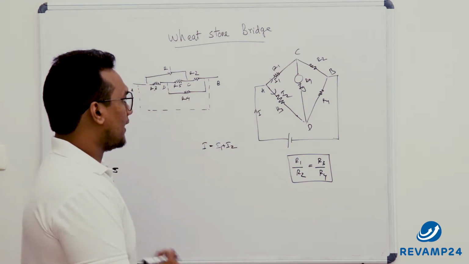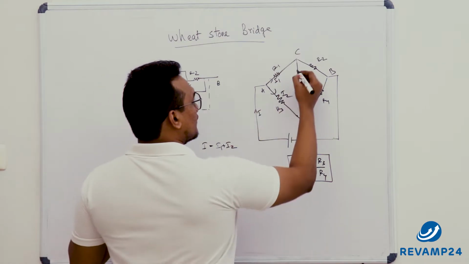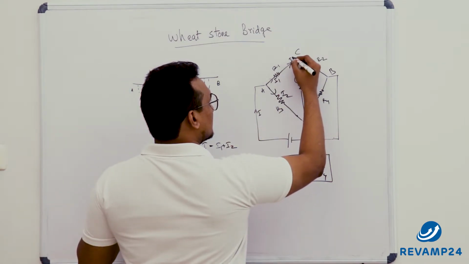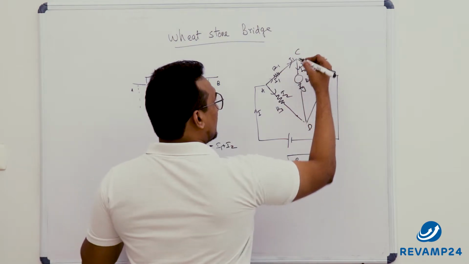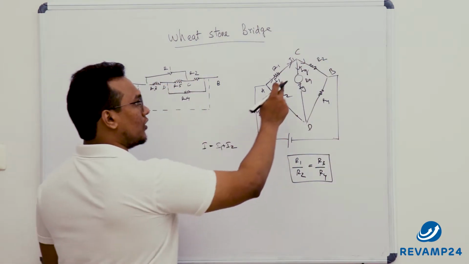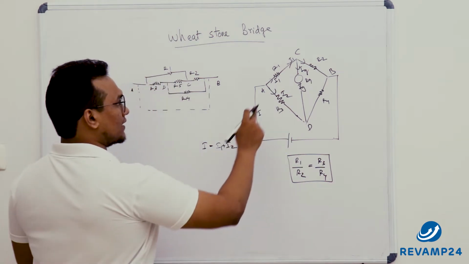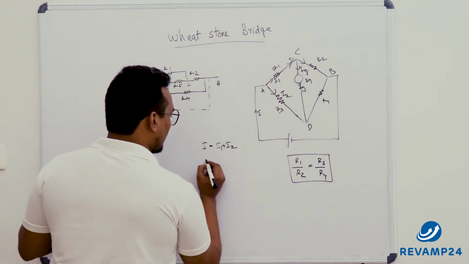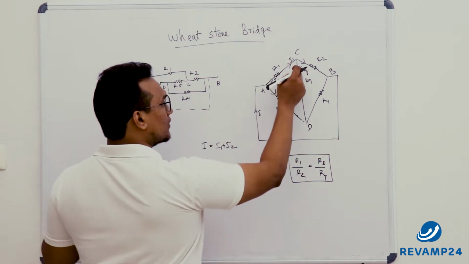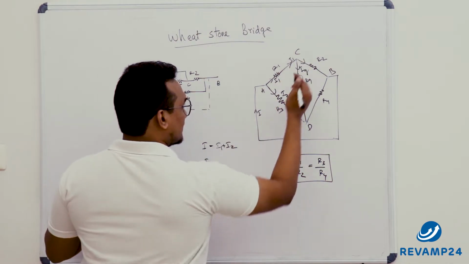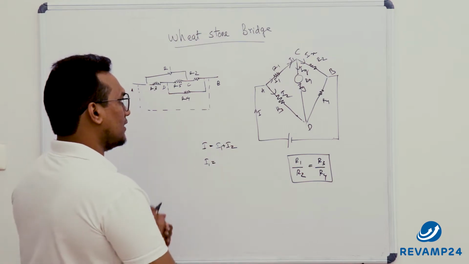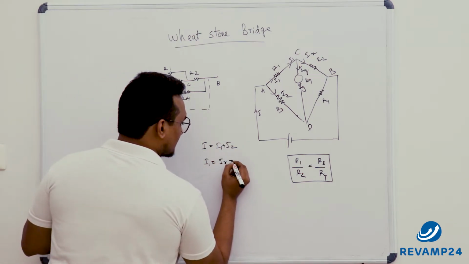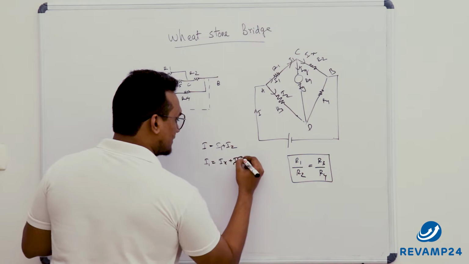And at this junction, we have I1 entering and IG leaving. So the remaining will be going through this. But we know IG is equal to 0. So what is total current entering? I1 is entering. That is equal to this one. Let's say this is, for example, Ix. I'm just taking it as an example. So Ix plus Ig. But in this case, Ig is equal to 0.